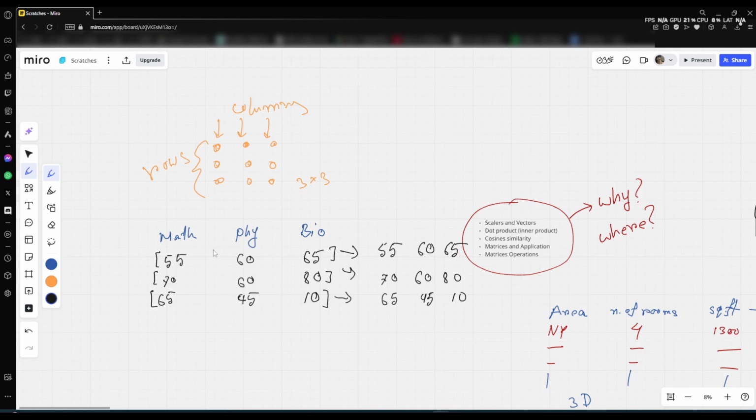Okay, this represents a vector, and this represents a matrix. This represents a student's database, like a grade sheet. These are the features. Okay, and this is a 3 by 3 matrix.